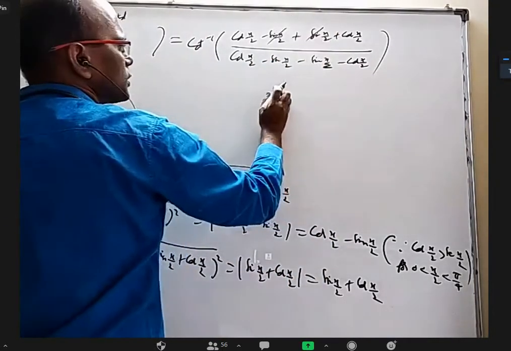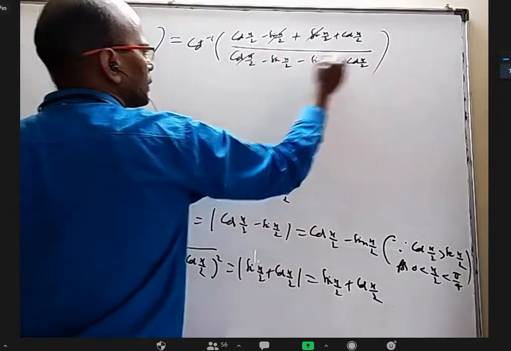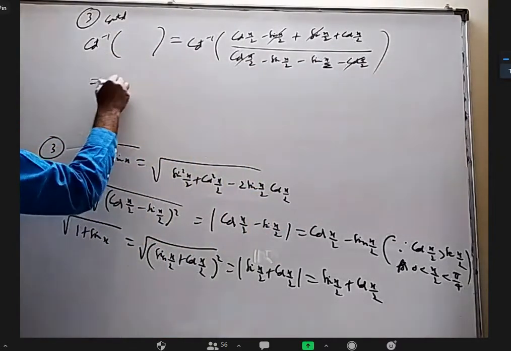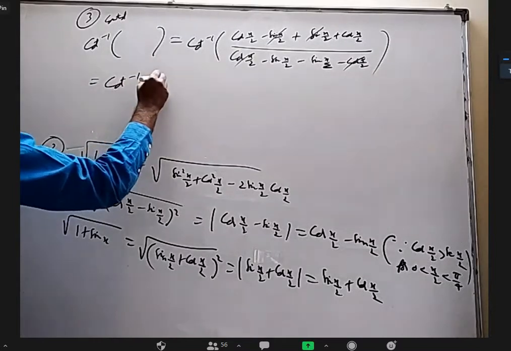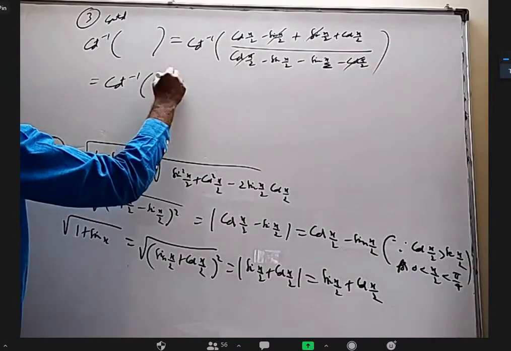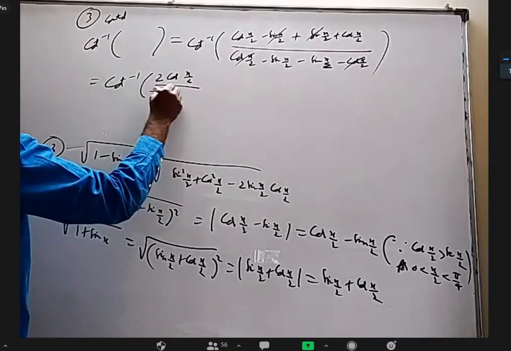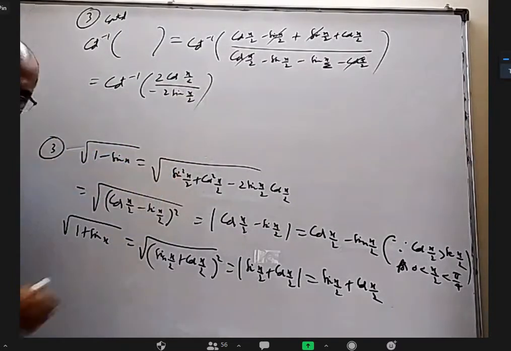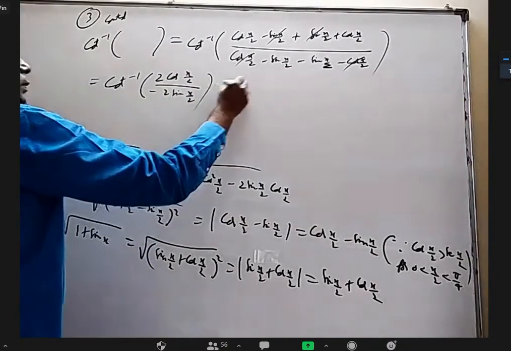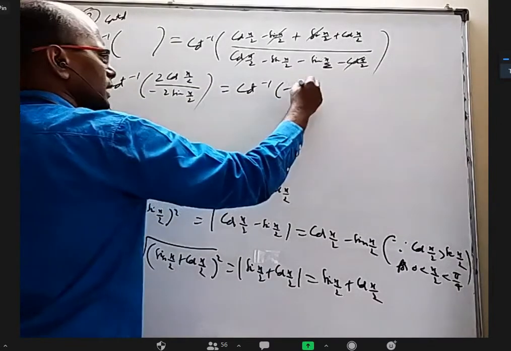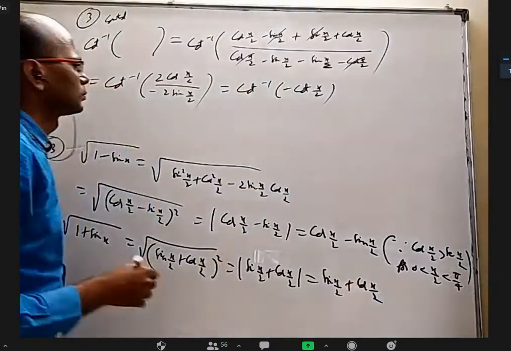Cancel these two here. Cancel these two. We got cot inverse 2 cos x by 2 by minus 2 sin x by 2, which is cot inverse minus cot x by 2.